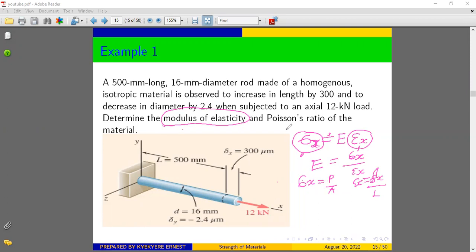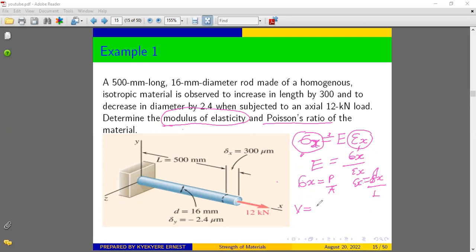So for the Poisson's ratio, we know that the Poisson's ratio v is equal to the lateral strain. In this case, the object is cylindrical, so it means that the distance on the z-axis and the distance in the y-axis are going to be the same, which is our lateral strain.